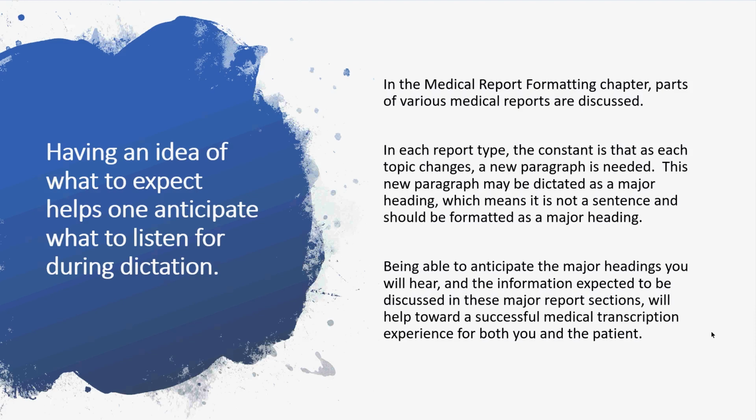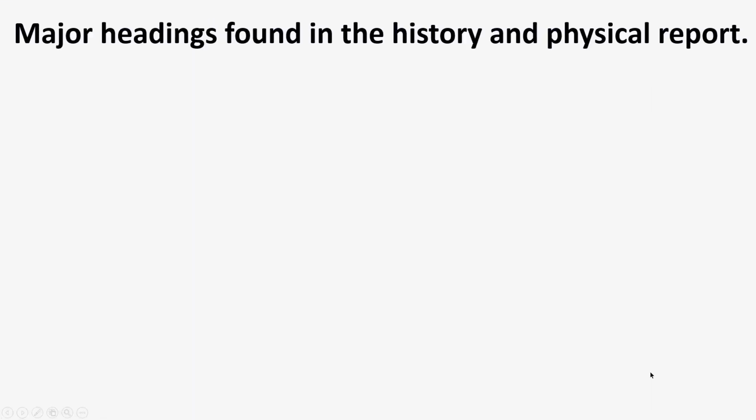This new paragraph may be dictated as a major heading, which means it's not a sentence and it should be formatted as a major heading. Being able to anticipate the major headings you will hear and the information expected to be discussed in these major report sections will help toward a successful medical transcription for both you and the patient.